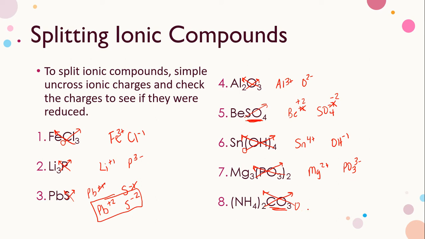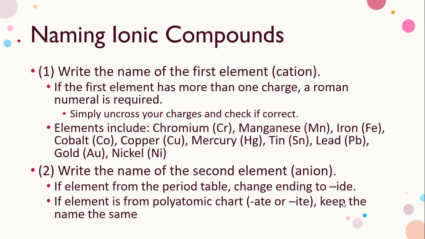There's 2 elements there. So it's an understood 1 in NH4, understood 1. And then our CO3, our carbonate, actually gets this 2 uncrossed because it's outside the parentheses. When you check the polyatomic chart, yes, that is what they are read as.